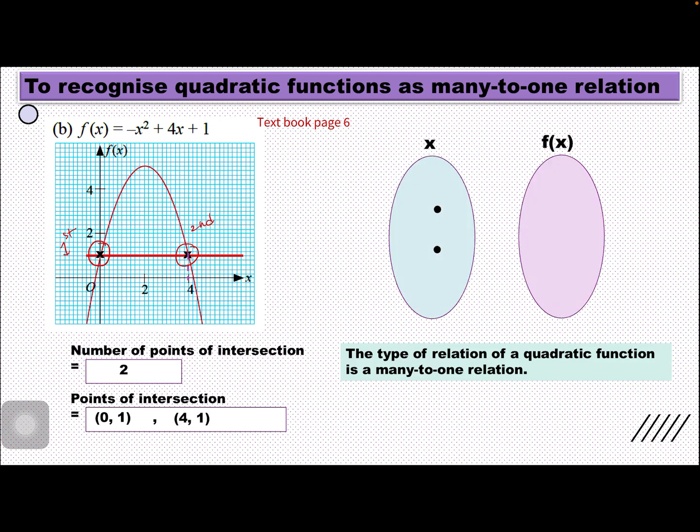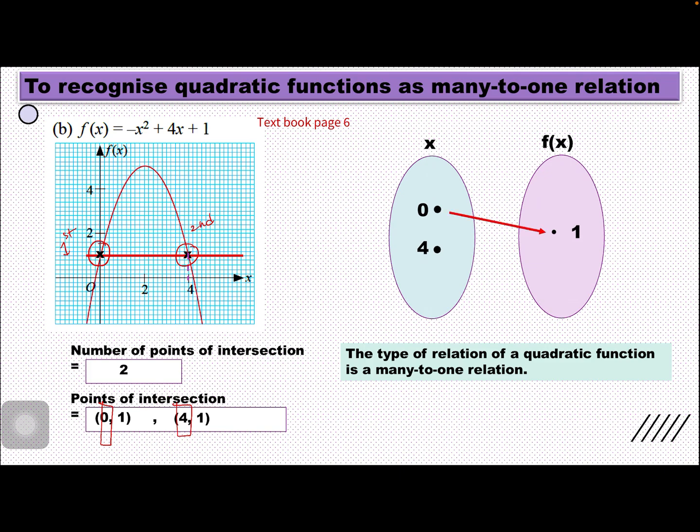Okay, by using the function that you have learned before, what is the value of your x? So you got 2 values of x. One is 0, one is 4, but f(x) is 1.